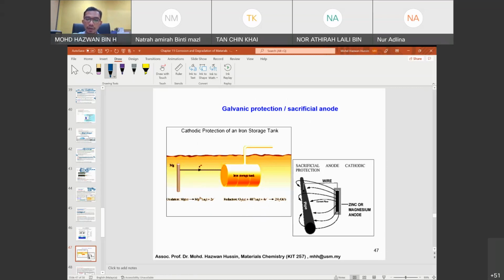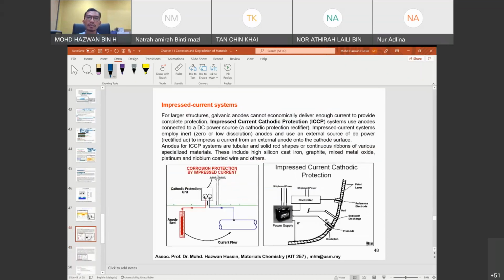For a bigger structure, we will use ICCP, impressed current cathodic protection. This is for a bigger area, a few kilometers away, for example. So we need to impress it with current as a supply.